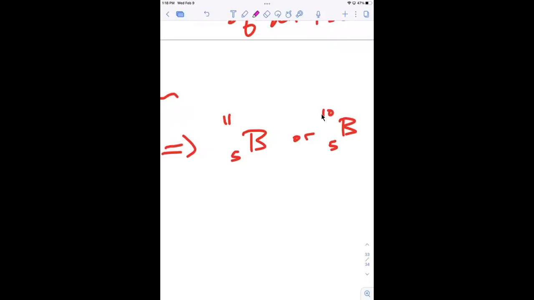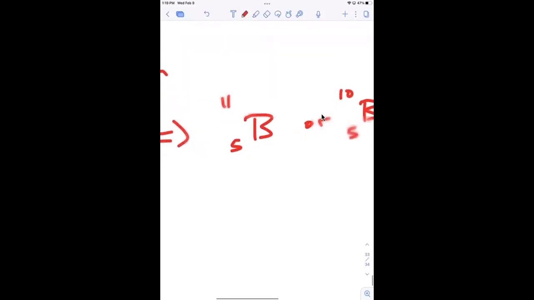Neutrons, think about it. The atomic number is 5 and the mass number is 11. The mass number is the sum of protons and neutrons. So we can always find the number of neutrons by taking A, the atomic mass, and subtracting Z from it.